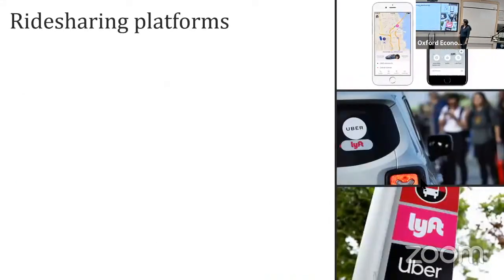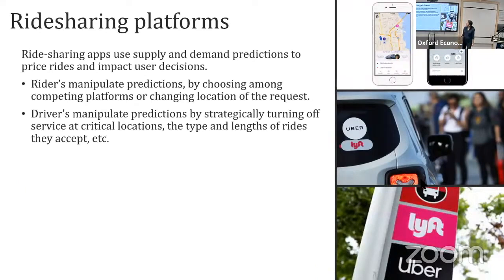There are ride-sharing platforms, where the apps use predictions about supply and demand to decide on pricing strategies, how they map to prices. And there are a lot of different types of manipulation. Riders manipulate usually by switching, since they have competing platforms, but they also manipulate by changing the location where they're requesting rides, or changing the time and length of how much they're willing to wait.